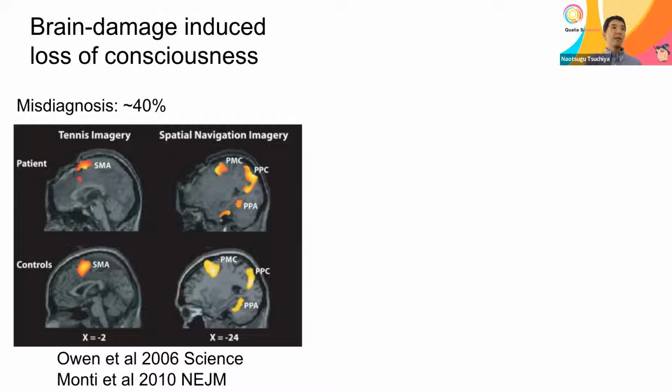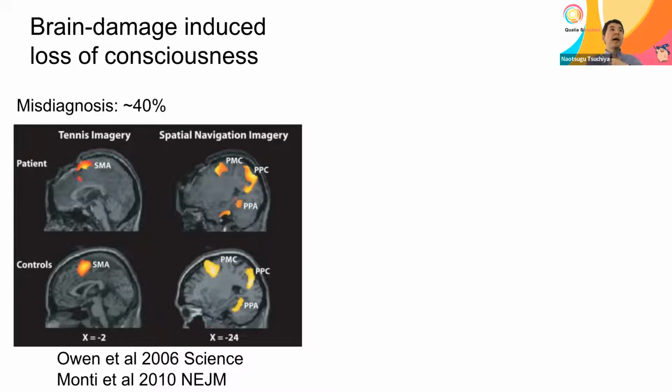The claim here is that there may be some proportion of brain-damaged patients who appear to be completely non-conscious from the outside. Clinicians and nurses test various behavioral responses to various stimuli and then determine whether they are in a coma, vegetative state, unresponsive state, or minimally conscious state.